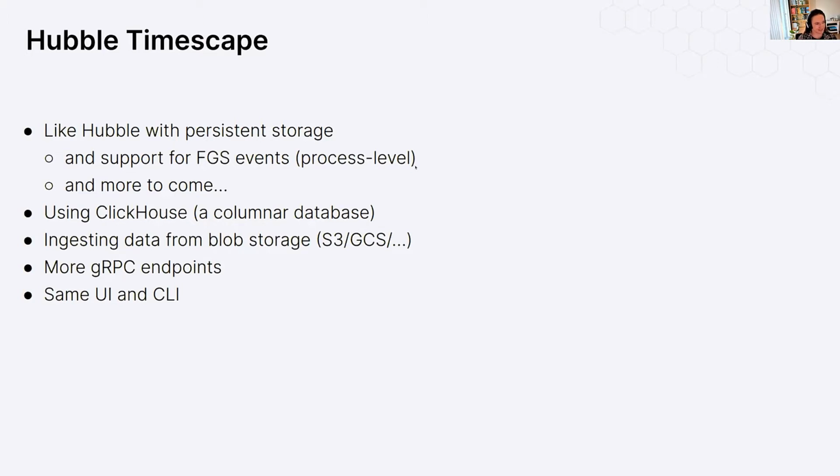And the data is ingested into ClickHouse from blob storage. Typically, if Timescape is deployed to a cloud provider, it would be S3 or GCS. We will see that in a moment in the architecture diagram. And Timescape also exposes gRPC endpoints that are queried by exactly the same Hubble UI and CLI.